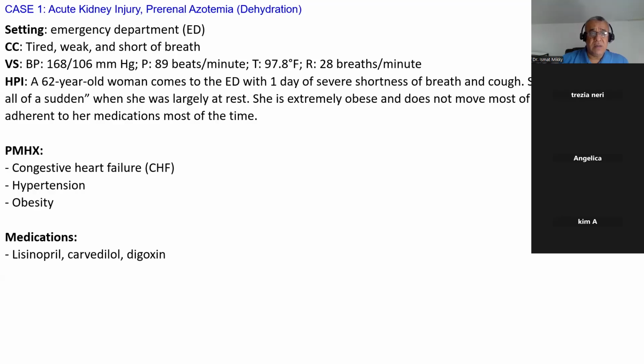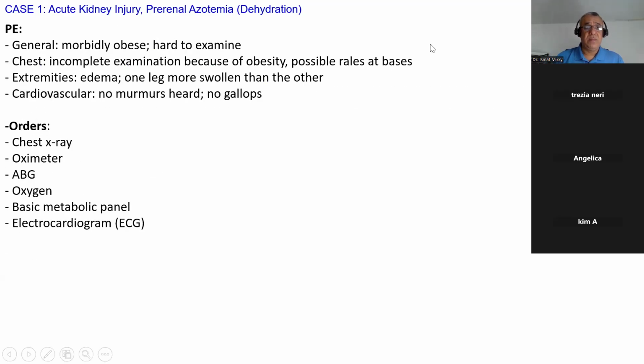So the patient has CHF, with a past medical history of hypertension and obesity, and is on these medications: lisinopril, carvedilol and digoxin.